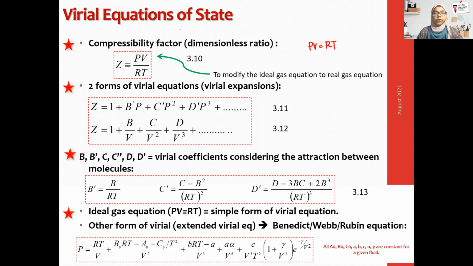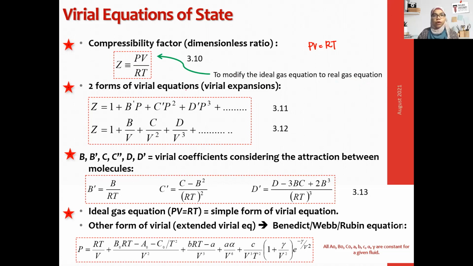But for the equation of state to discuss real gases, we introduce the compressibility factor, or dimensionless ratio, to modify the ideal gas equation to the real gas equation, because in a real situation the gas is not ideal at all, right? So we can use this virial equation to describe the real gas equation.